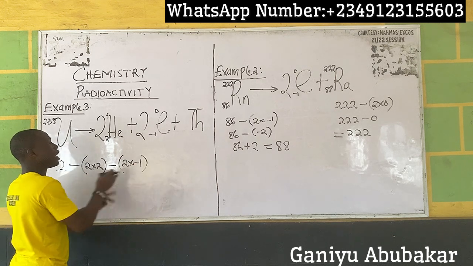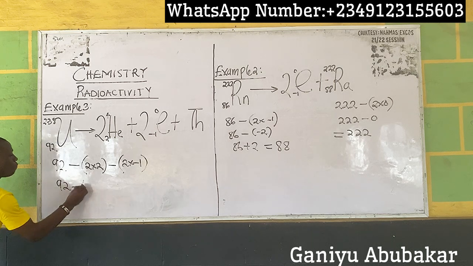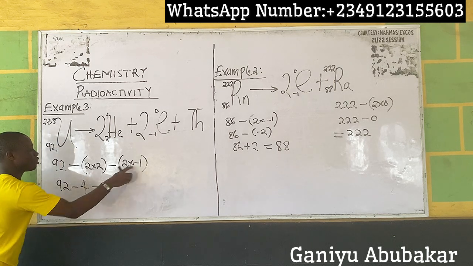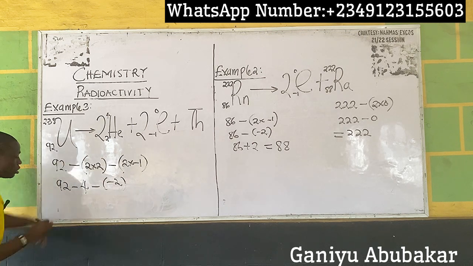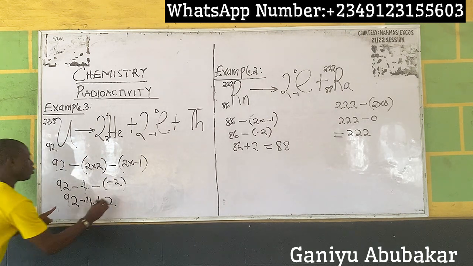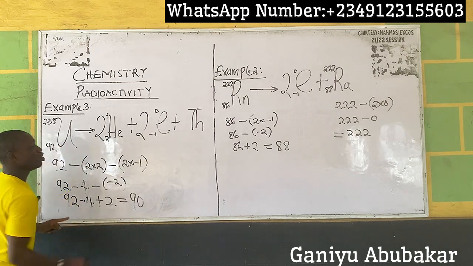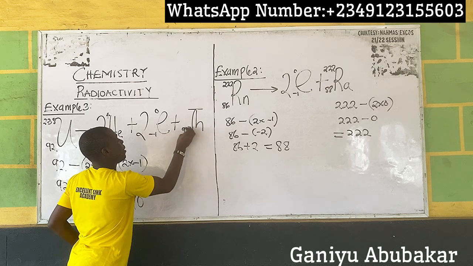If I solve this, I have 92 minus 4, minus 2 times minus 1, which is minus 2, and minus 1 becomes plus. So I have 92 minus 4 plus 2. This gives about 90. So thorium has atomic number 90.